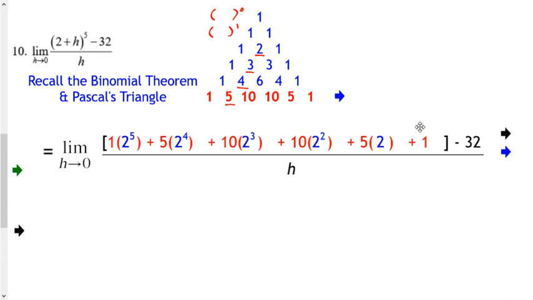I just didn't bother writing it in to save some space. That second term starts with an exponent of 0 and then increases the exponent each time. So h to the 0, h to the 1, h squared, h cubed, h to the 4th, h to the 5th. There we have the binomial expansion of 2 plus h to the exponent 5.